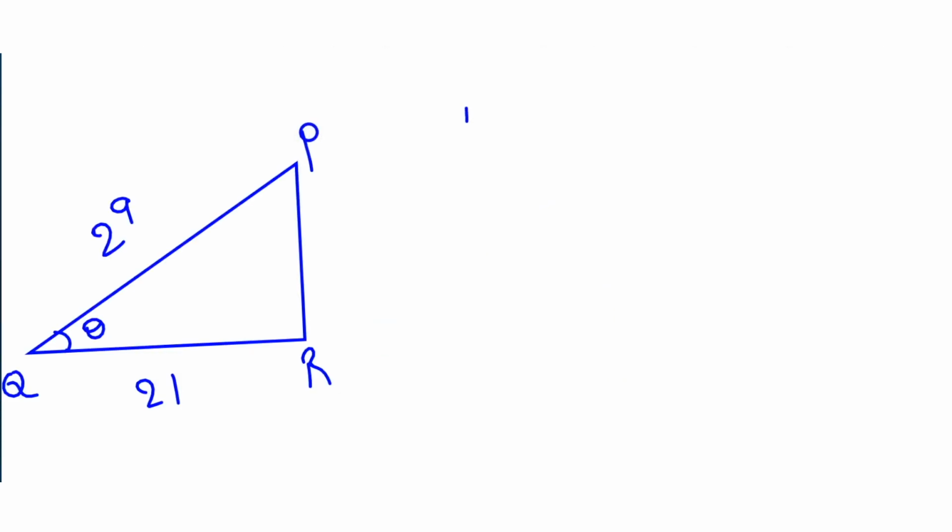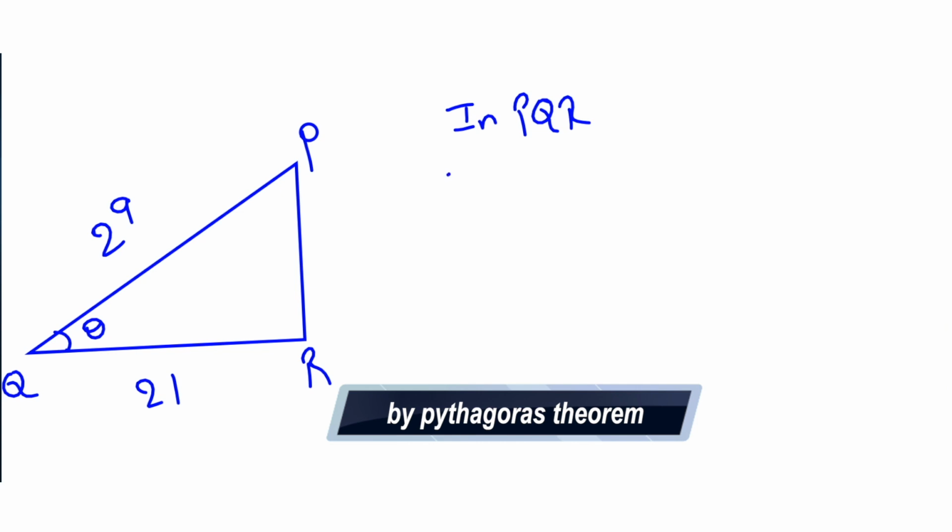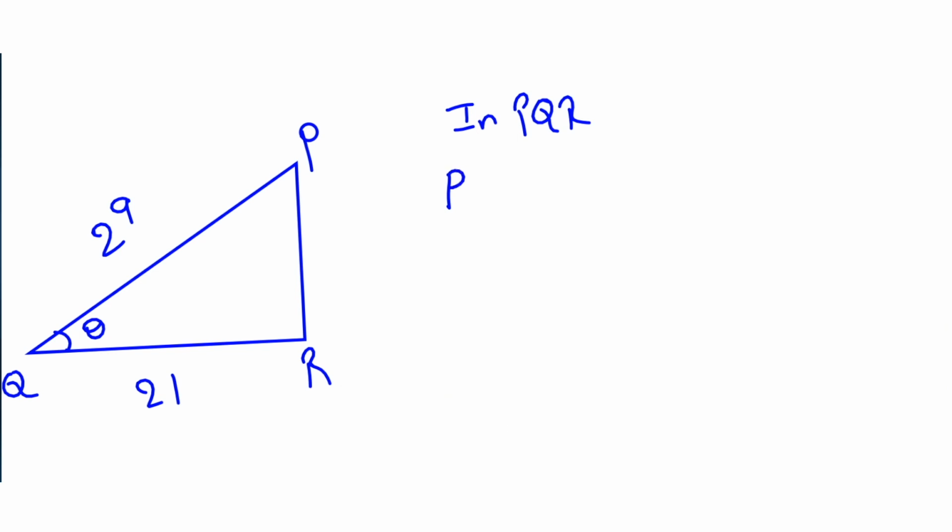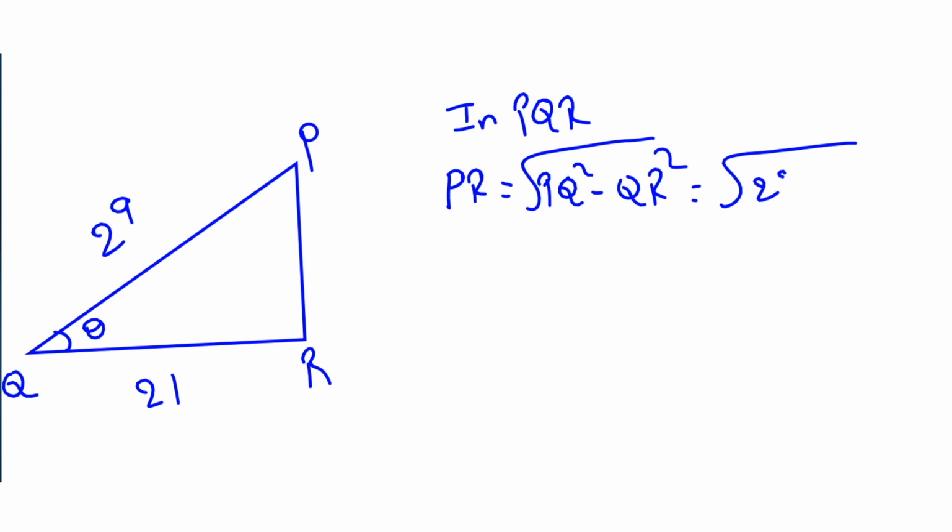Solution: in triangle PQR, by using the Pythagoras theorem, PR equals square root of PQ square minus QR square, that equals square root of 29 square minus 21 square, that equals square root of 400, that is 20 units.